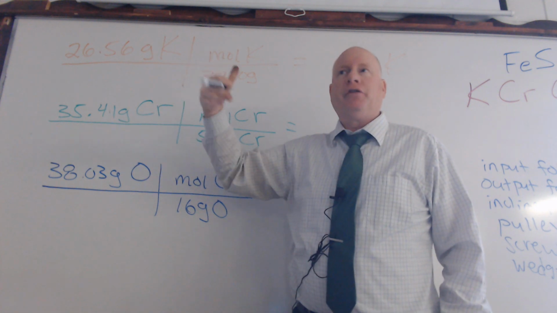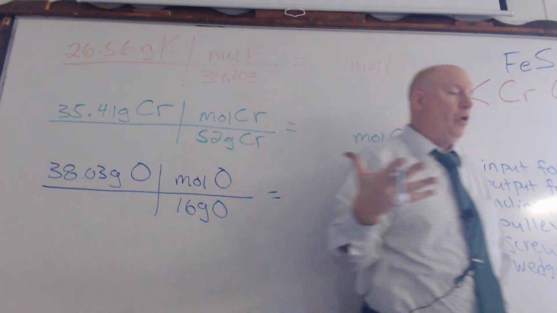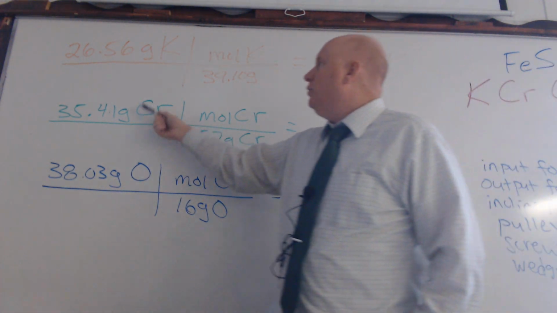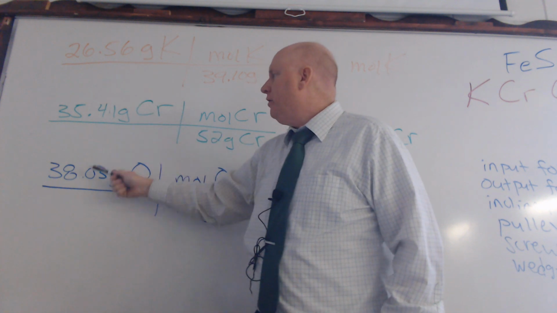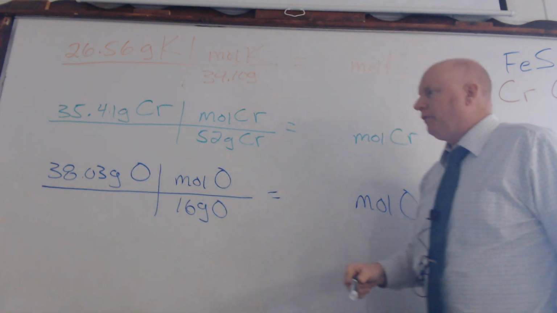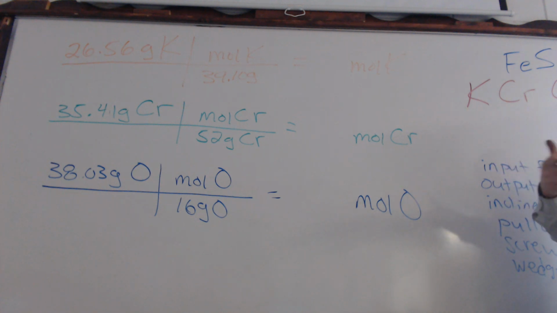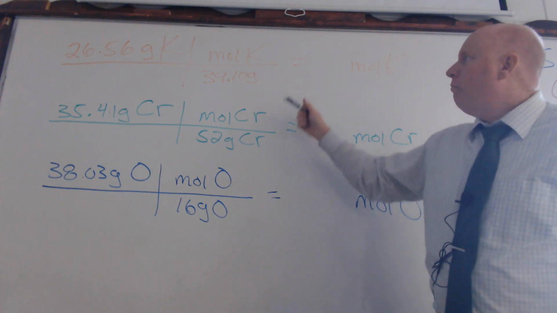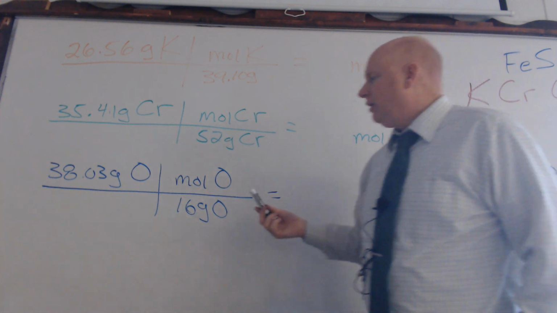In every sample that you're dealing with, the percentages can only add up to 100. So that's why we added these two together, subtract from 100, and it gives you 38.03 grams of oxygen. Then with the use of the periodic table, you need to get these into moles of each substance.